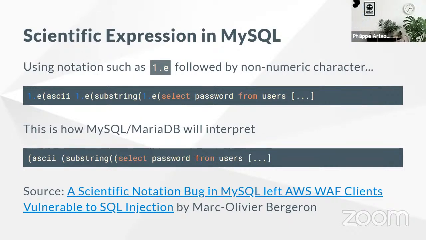But if the character following the E character is not numeric, it will simply cancel the operation and the 1.e is simply ignored. And so for this reason, now we can add 1.e to prepend all of our keywords, and this will fool libinjection.